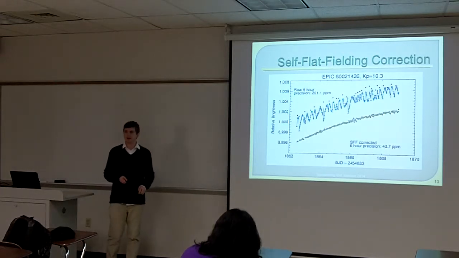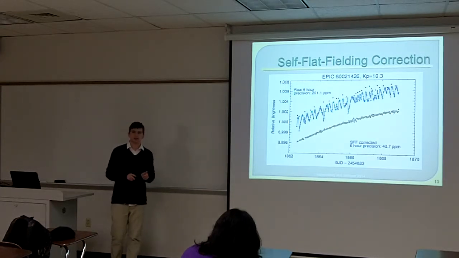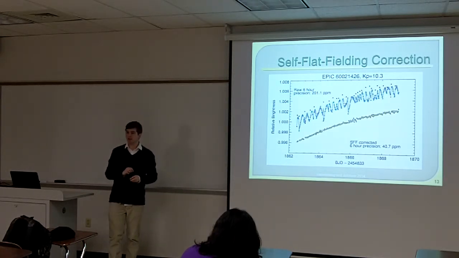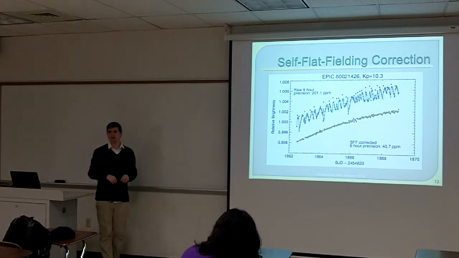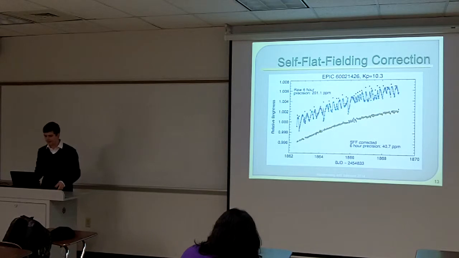One is they created a mask for this data, which is as Kepler is being moved away from its position, the photons for a particular star that you're trying to look for a planet transit on are falling on different pixels in the CCD of the telescope. And so you're going to get a slightly different signal from that. So they have to use masking techniques in order to even this out.